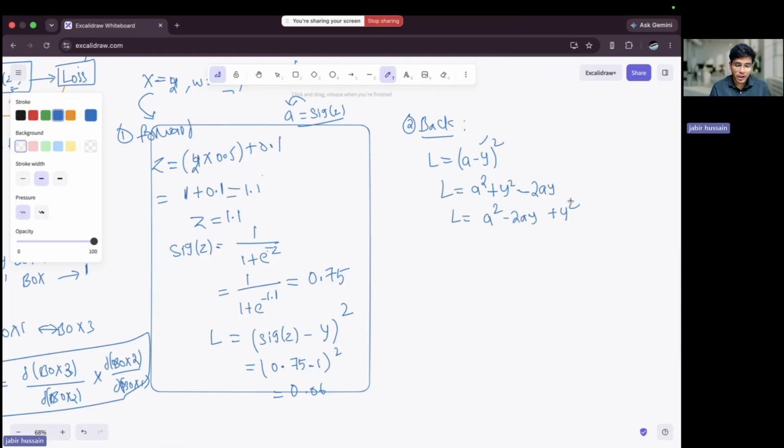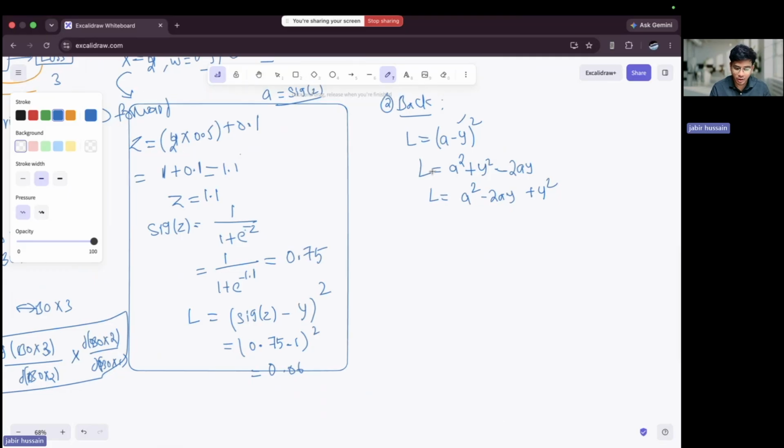Now the thing which is changing is A. So we will find the loss with respect to sigmoid. The first derivative is dL by dA. It will give you 2A minus 2, and the y square term will be 0 because it is a constant with respect to A.